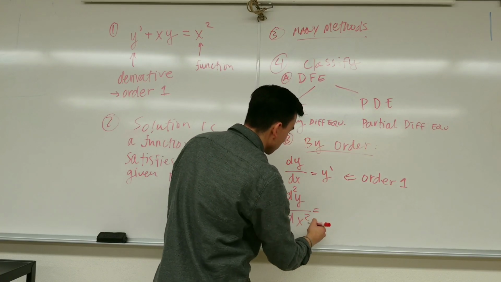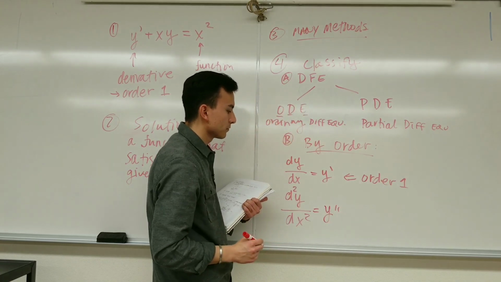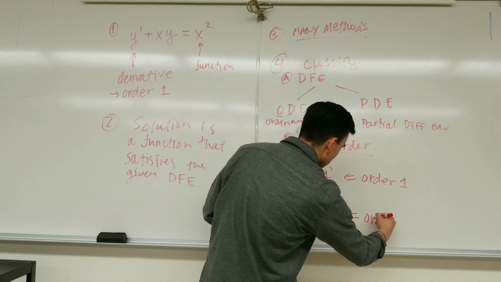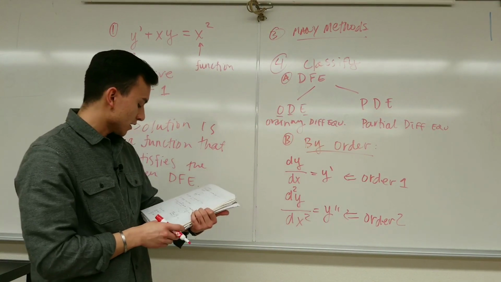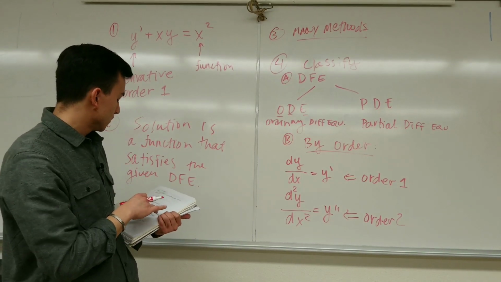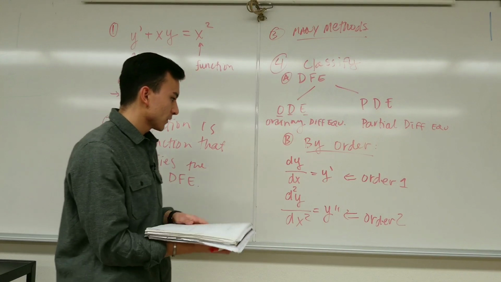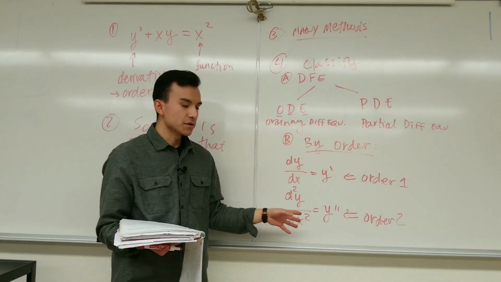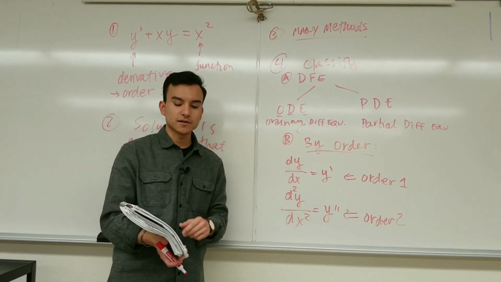Now this is going to also be seen as y double prime. Now the order is going to be order 2. So that's going to be a way to classify a differential equation, because later we're going to see that we can solve differential equations of order 2, 3, 4, and anything higher.